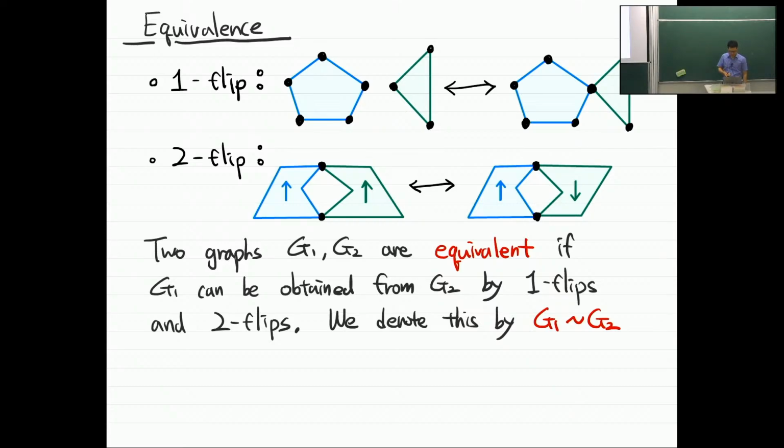These arrows indicate that we flip the right-hand side upside down. We say that two graphs are equivalent if we can obtain one graph from the other by a sequence of one-flips and two-flips. We denote this by this notation.